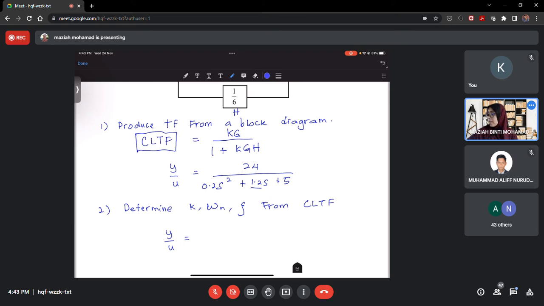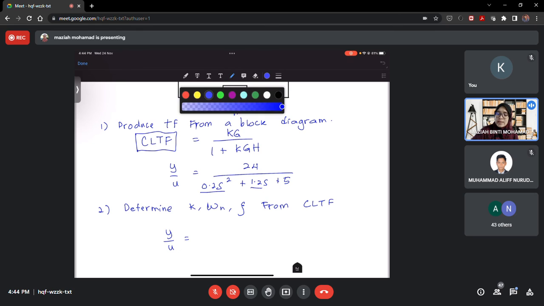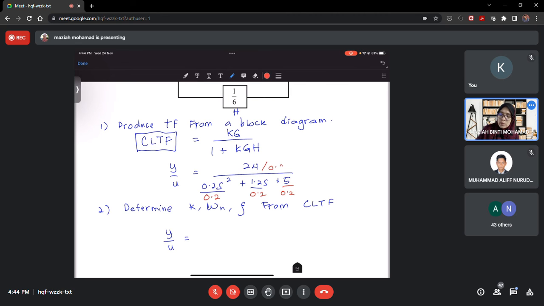All right, but remember that you need to make sure that the transfer function is in the form of S square. Okay, so look at here that here we have 0.2 S square. So in order to make sure it is written in the general transfer function, we're going to divide with 0.2.